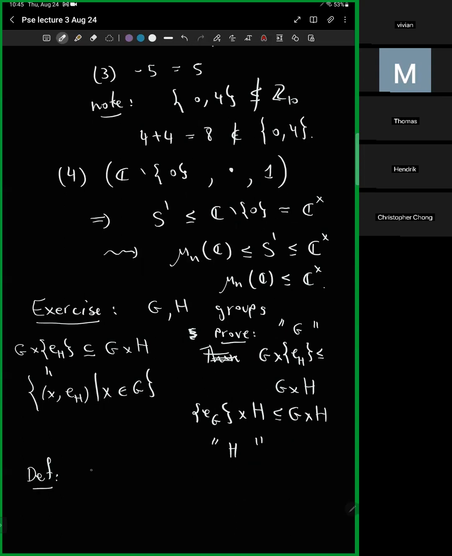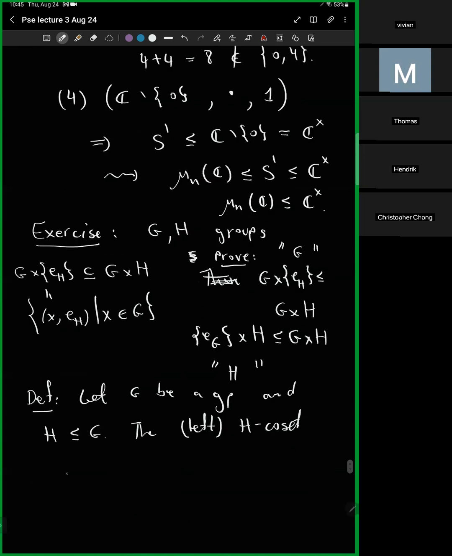So let G be a group, and H a subgroup. The H coset for some x in G is something I denote as xH.